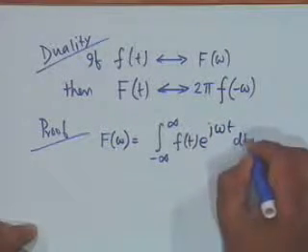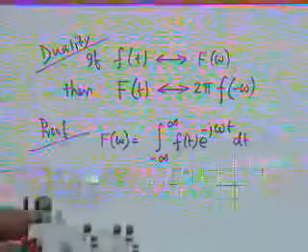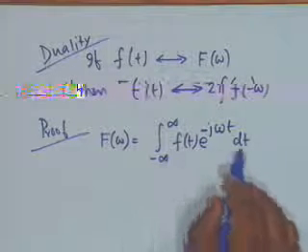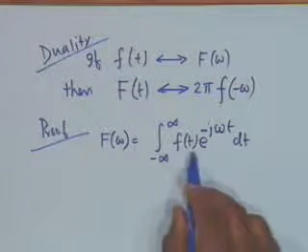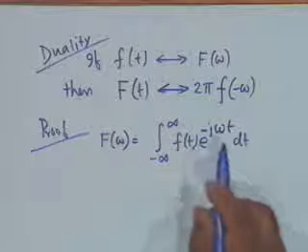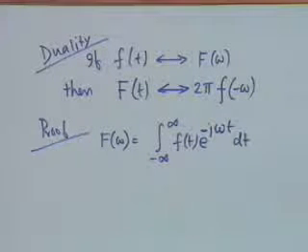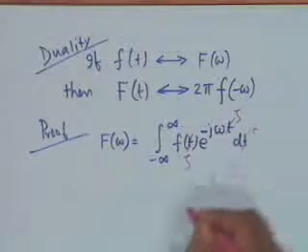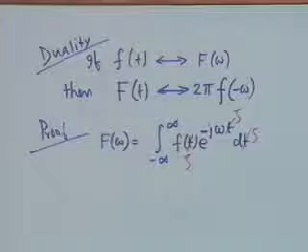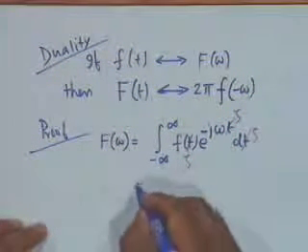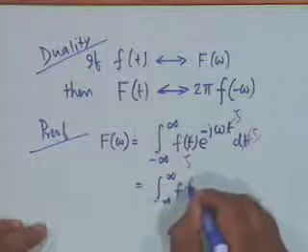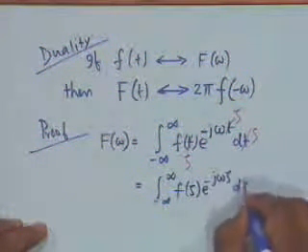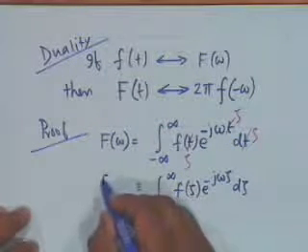Alright. Now we argue that in this right hand integral, small t is a dummy variable, and therefore I can change this small t into some other variable zeta. The value shall not change. If we do that, then we write this as the integral from minus infinity to infinity of f of zeta e to the power minus j omega zeta d zeta. Alright, this is F of omega, the functional form.